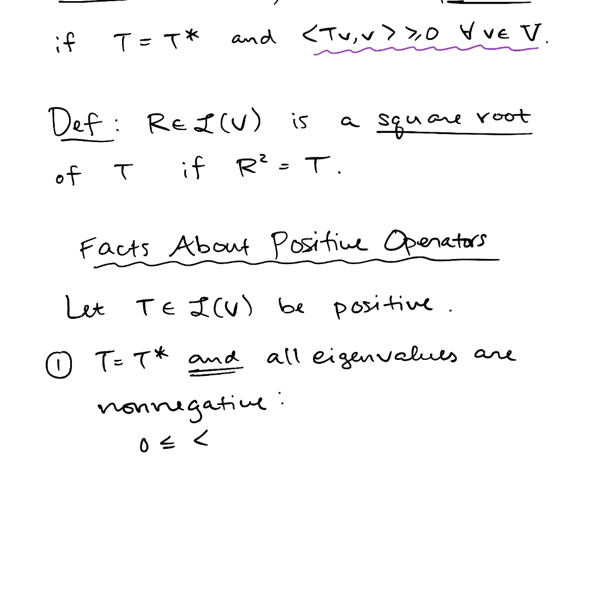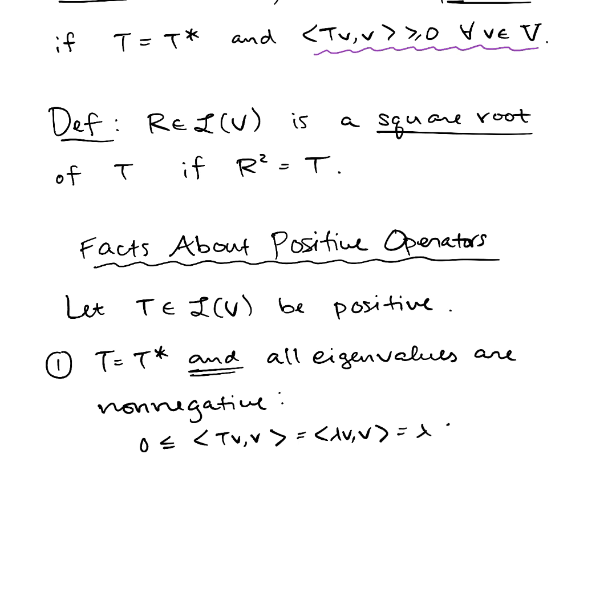By definition of positivity, the inner product of Tv with v is bigger than or equal to 0, and that's true for every vector v. Now, if v happens to be an eigenvector that goes with some eigenvalue lambda, then Tv would be lambda v.